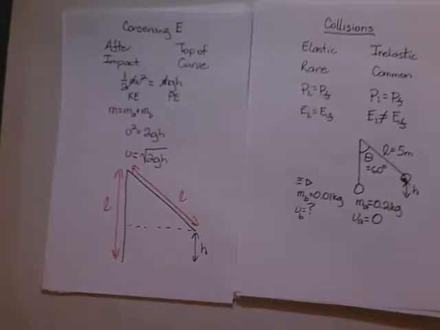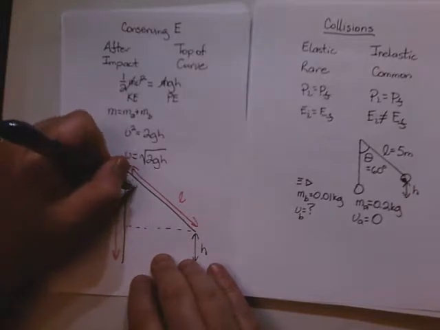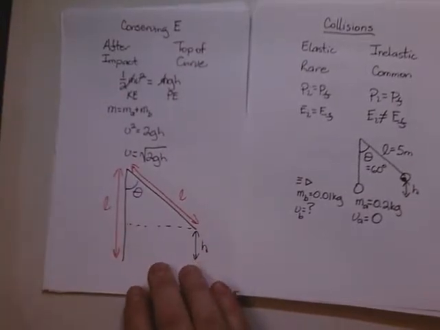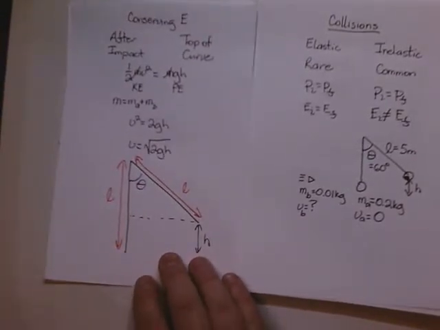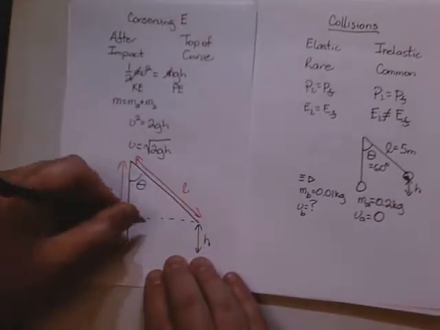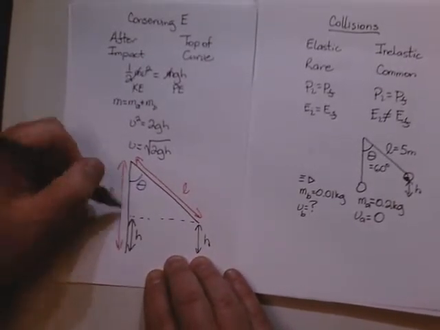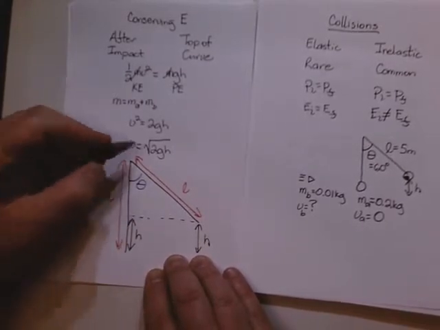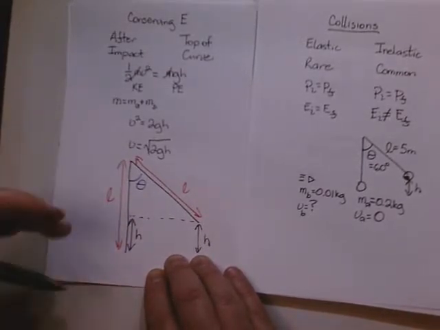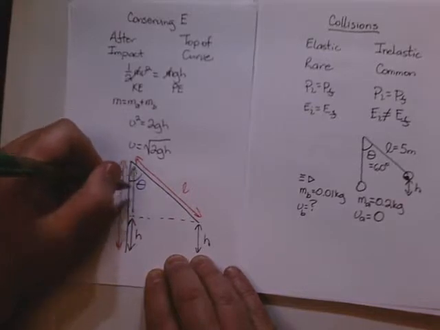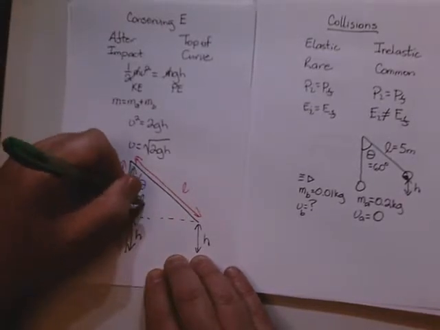It does not change length, even though it's at a different angle. That's my angle theta, which is 60 degrees. So if this is length h, and if that is length L with that as h, that length is L minus h.